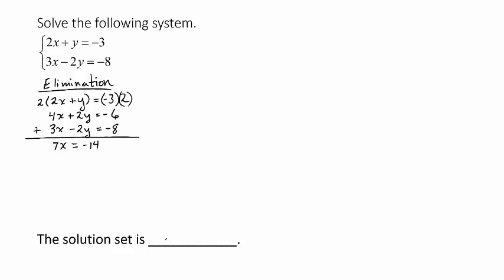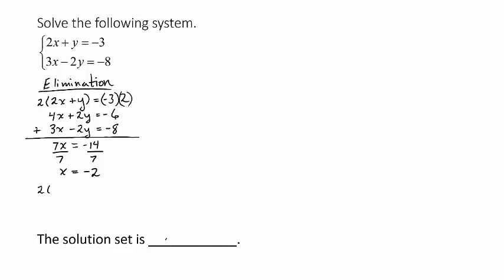So with 7x equal to -14, I am going to divide both sides by 7 to get x by itself. So x is equal to -2. Okay, so if x is equal to -2, I can take that knowledge and put it into one of the two equations that we started with to get the y value. So I'm just going to put it into the first one here.